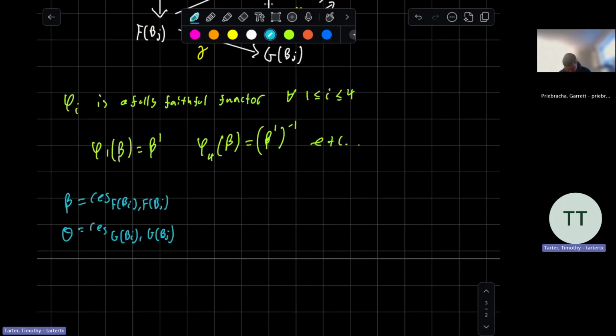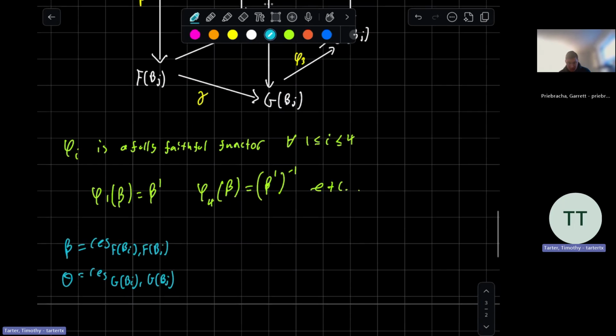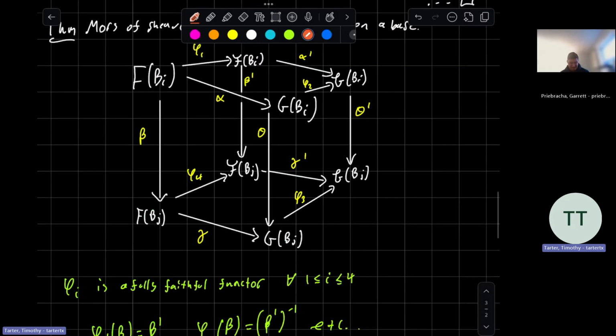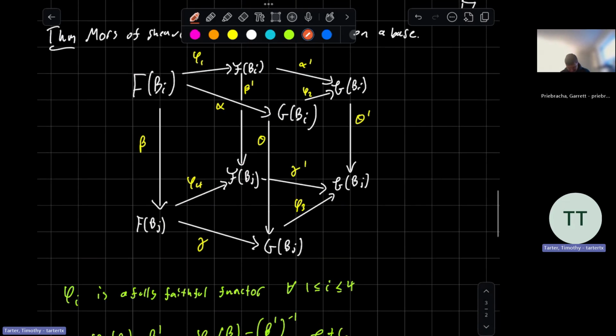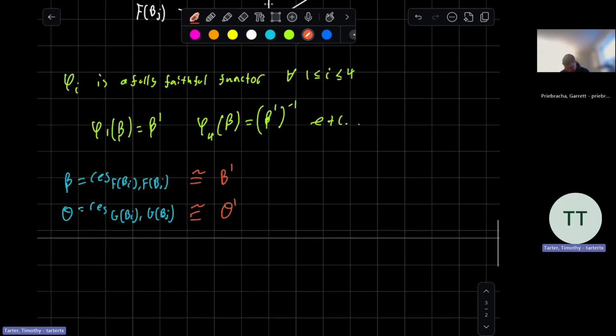And then beta prime is the script version of that. And we know that those work, right? We know that there is a natural isomorphism by construction to beta prime and theta prime. And so then it becomes an issue of showing that alpha prime and gamma prime work.